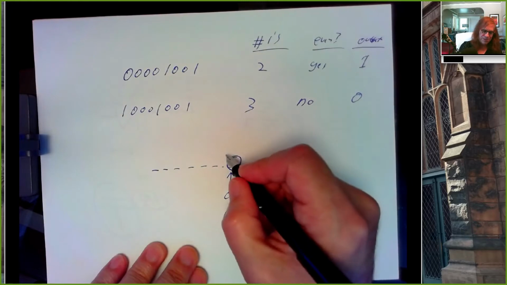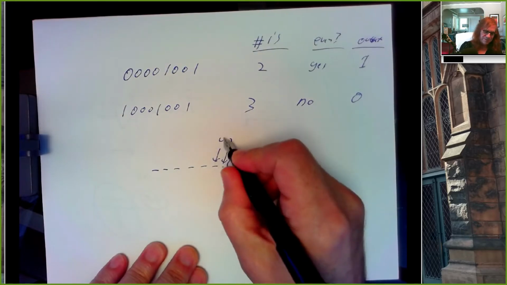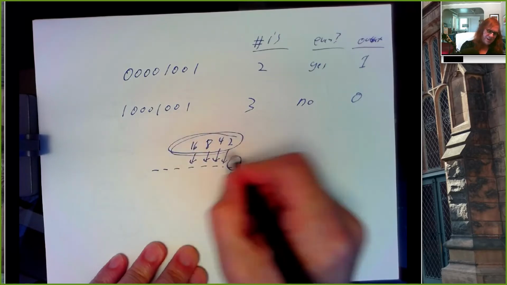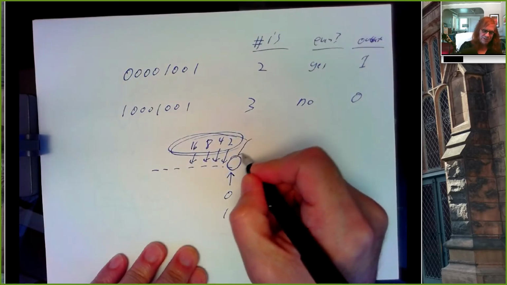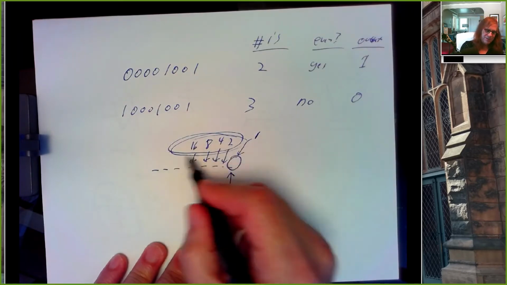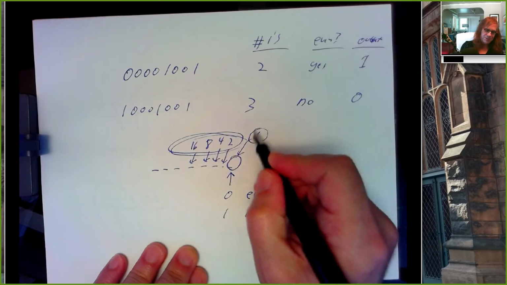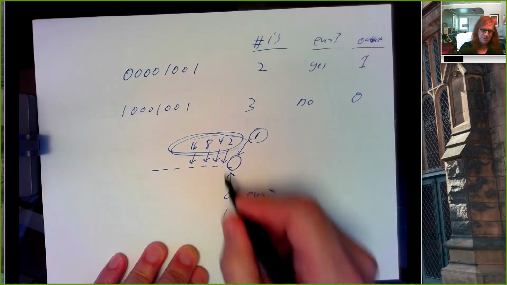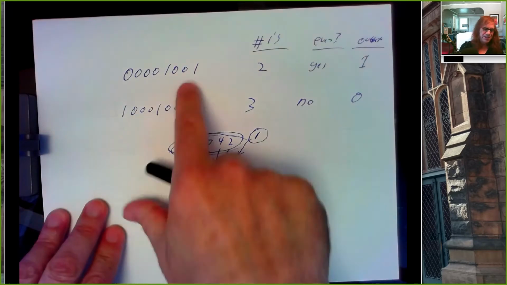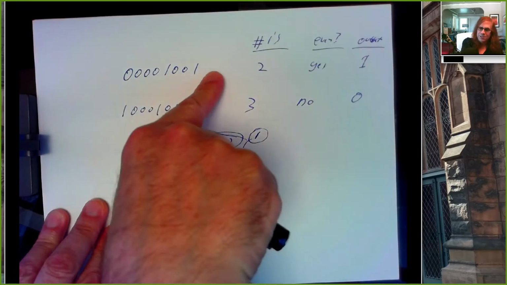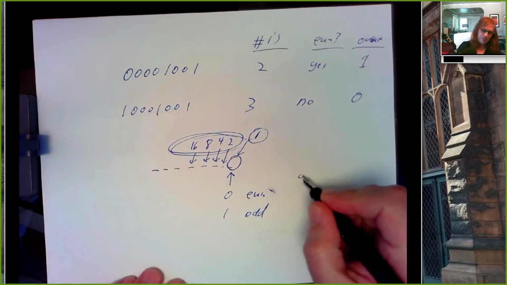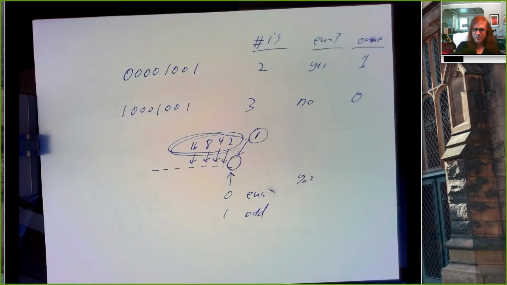And this works because this is the 2's place, this is the 4's, this is the 8's, this is the 16's. Whether you add these or not, these are all even numbers, but this is the units place. And the only way that adding all of these up gets you to an odd number is if you include this bit right here, which means you had a 1 right here. So if you're adding your bits together, you could look at the least significant bit and see if it's a 0. Or you could do a percent 2 to see if it's evenly divisible by 2.